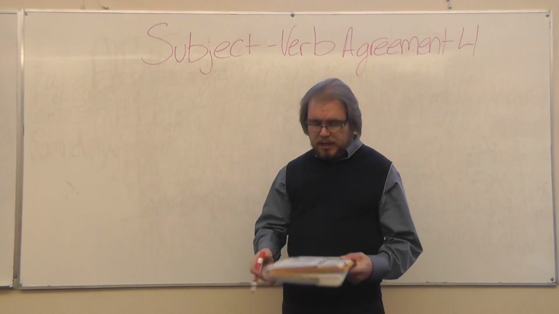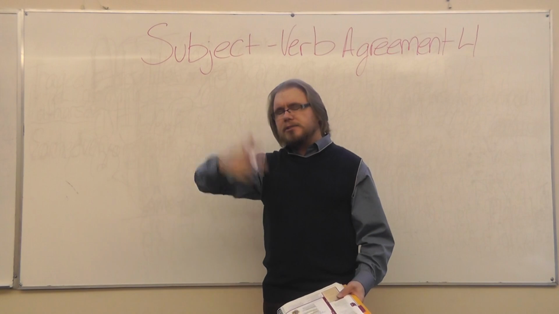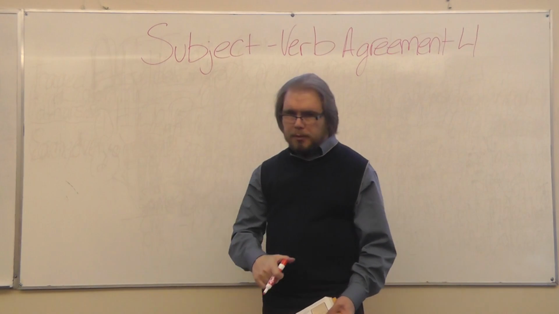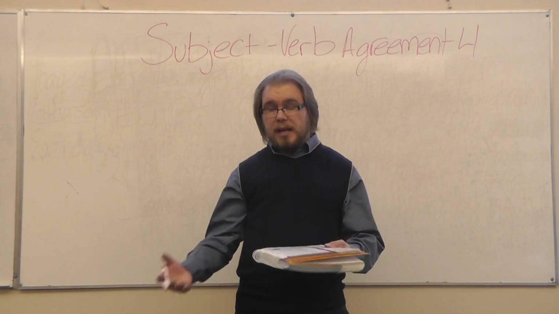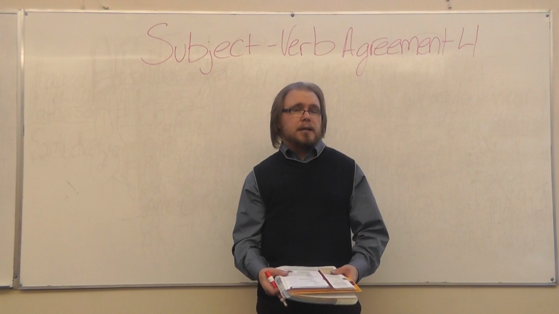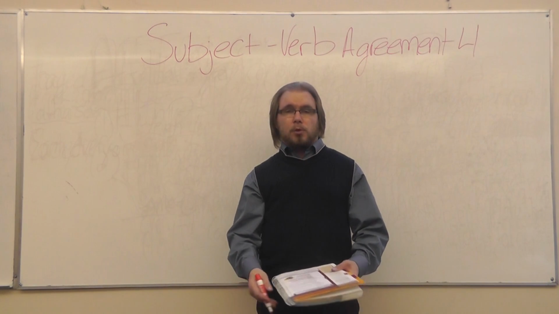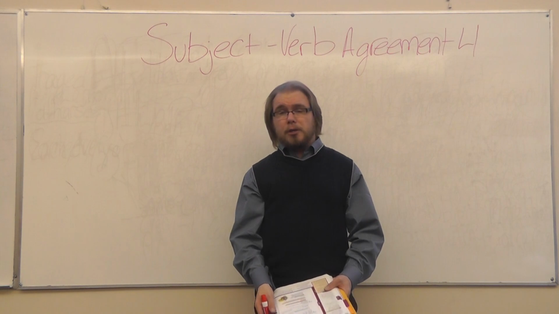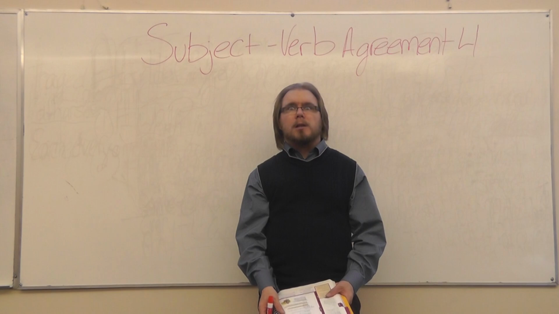The first is collective nouns. Now, if you think way back to elementary school when you were learning parts of speech, you'll remember you learned about nouns and verbs, and eventually one of the types of nouns you learned about was called a collective noun. Collective nouns are singular names for groups of people or things, like a flock or a herd or a team or a jury or a class.